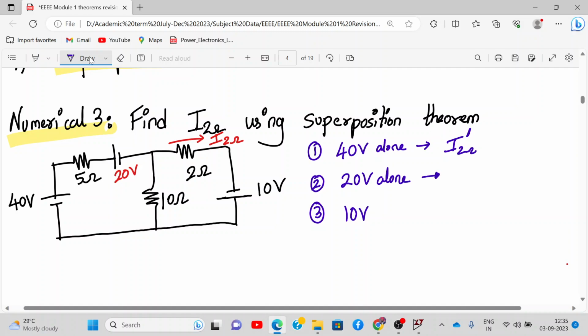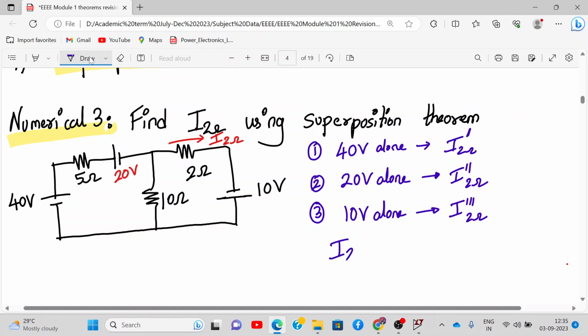When we do that, 40 volt and 10 volt will be short circuited and we find I2 double dash. Then we'll go to the 10-volt voltage source alone. That means short circuit 20 volt and 40 volt and we'll find I2 triple dash. So we got the current for individual voltage sources.